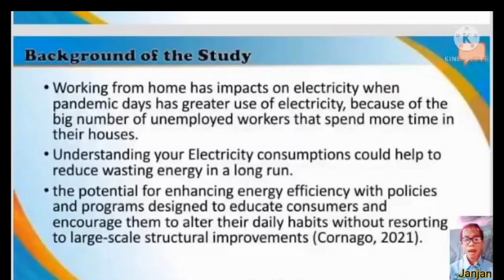Understanding your electricity consumption could help to reduce wasting energy in the long run. According to Ayola 2020, to be aware means to know, to realize, or have knowledge and understanding that something is happening or exists. This study shared the same objective as the current study, which is determining the behaviors of the consumers on using electricity.